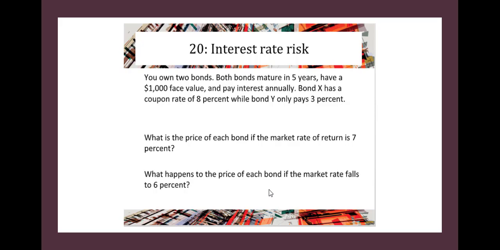So the next question is, does the coupon rate have any effect on the sensitivity of a bond's price to a change in interest rate? To see the effects of coupon rates on bond price sensitivity, you need a starting point. In this case, the starting point is the price of each bond at a 7% market rate of interest.